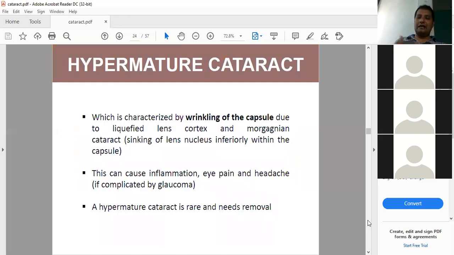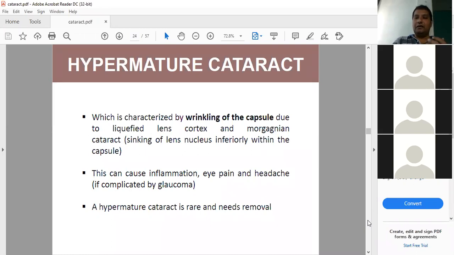Once the cataract becomes mature, if we don't operate, it can become hypermature. The cortical fibers of the lens will liquefy, and because of this liquefaction, the lens nucleus will sink inferiorly into the capsule, leading to Morgagnian cataract.